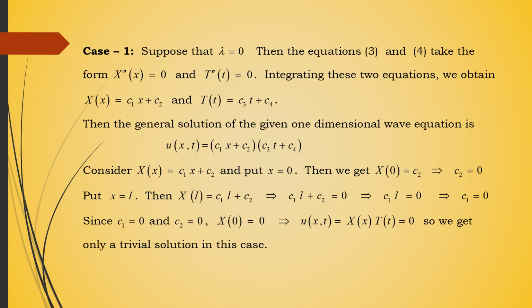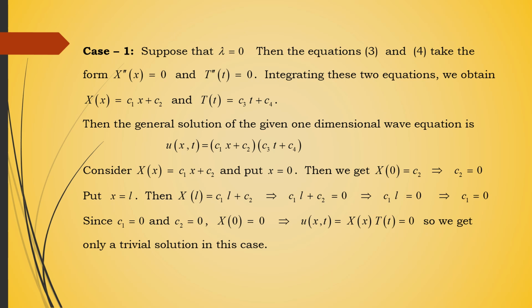Here, L is the length of the string. So, L is always non-zero. Because L is not equal to 0, we get c1 = 0. So, c1 = 0 and c2 = 0. Then X(x) = c1x + c2 implies X(x) = 0.